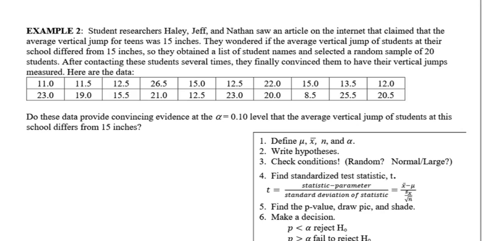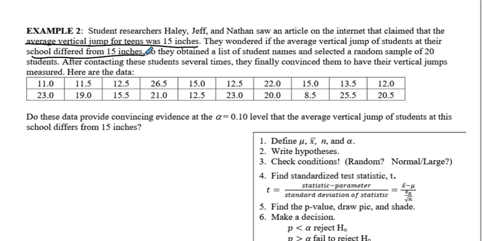Second one, example 2. Student researchers Haley, Jeff, and Nathan saw an article on the internet claiming that the average vertical jump for teens was 15 inches. Okay? There's our average right there. They wondered if the average vertical jump of students at their school differed. Key point.